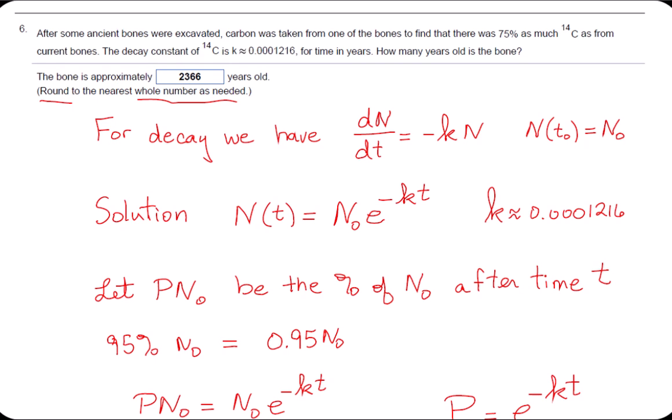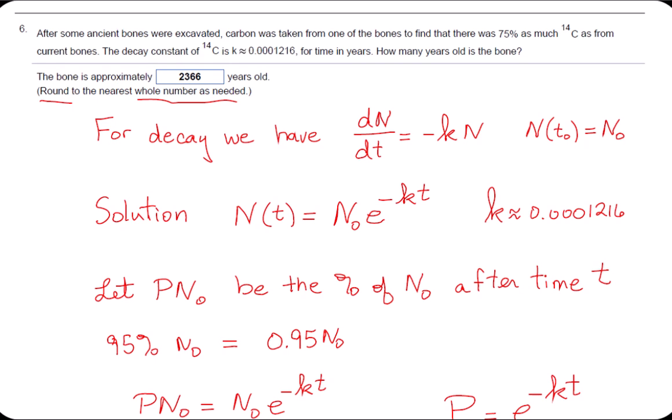Because of this, they were able to determine the decay constant to be given there by k that we see in the problem. So, how many years old is the bone? All right, so that's what we're looking for.